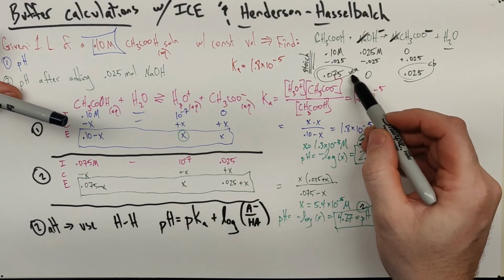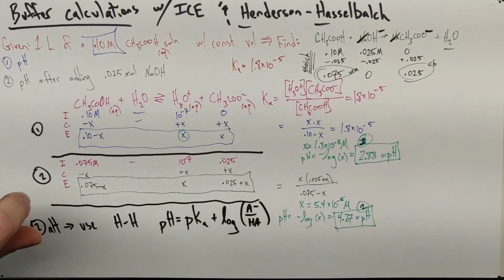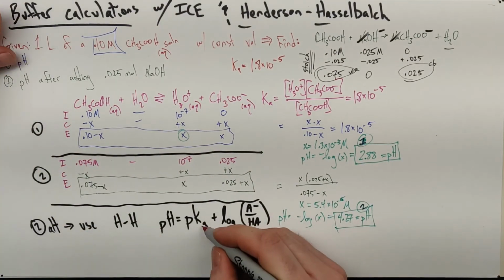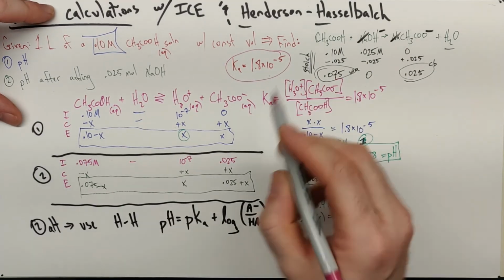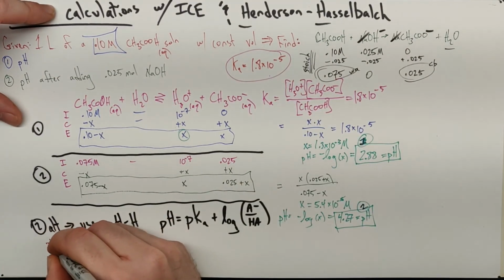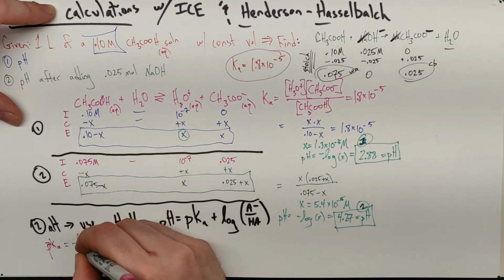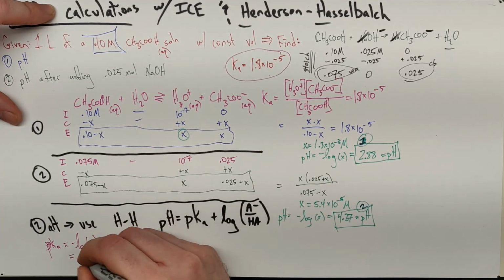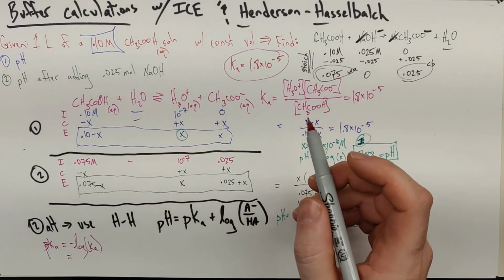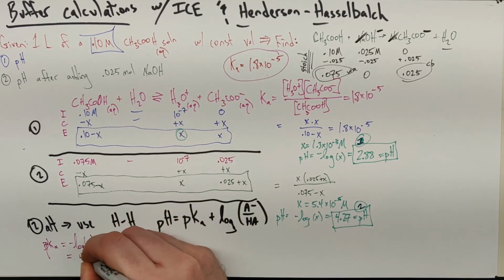We just said that this is our weak acid and its conjugate base, which makes it a pretty quick calculation. We need a pKa. I know my Ka is 1.8 times 10 to the minus 5th, so pKa is the negative log of 1.8 times 10 to the minus 5th, which gives us 4.74.